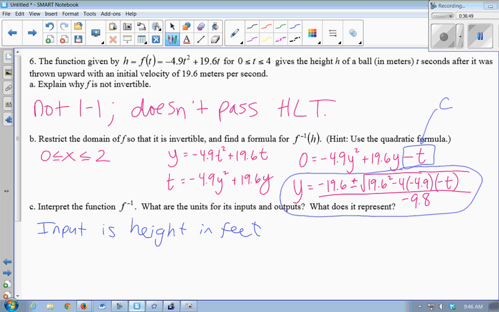So think of it as like a computer where you type in the height in feet, press enter, and out pops what time it was that the ball hit that height. So my output is time in seconds. And it'll just be between 0 and 2 seconds. The output will always be between 0 and 2 seconds, because that's how we restricted the domain of the original function.